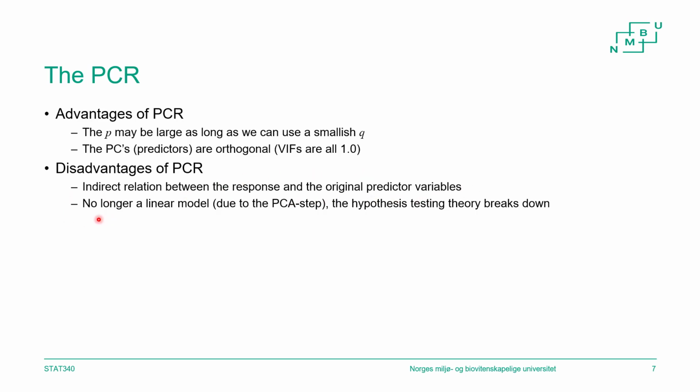And another problem is that we no longer have a strictly linear model due to this PCA step. So the theory behind the hypothesis testing, the F test and the T test and so on, this breaks down now. That's a big disadvantage, you could say.